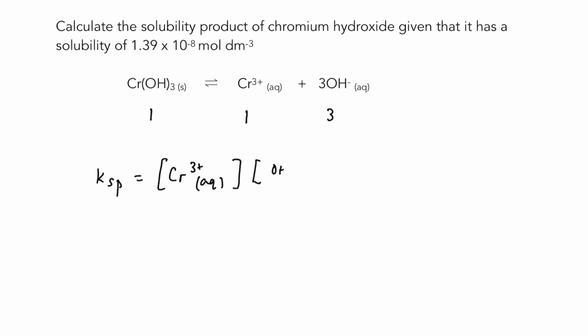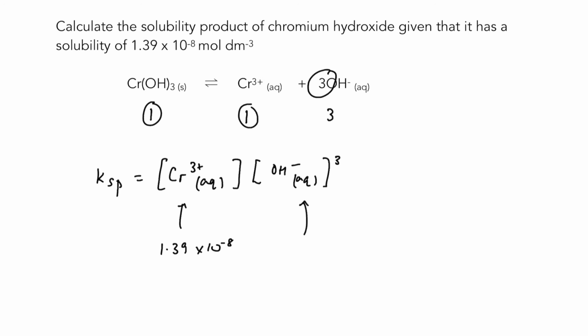Multiplied by the hydroxide ion concentration to the power of 3, because we got 3 hydroxide ions in our stoichiometric equation. We know that chromium hydroxide to chromium ions is a 1-to-1 ratio, so the concentration of chromium ions is 1.39 times 10 to the minus 8. The concentration of hydroxide ions is going to be 3 times that. It's a 1-to-3 ratio.